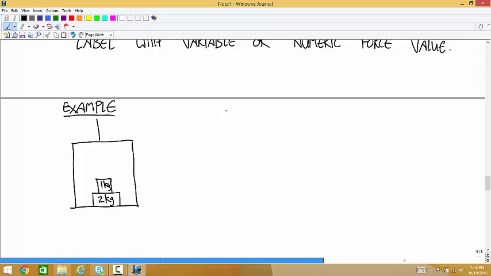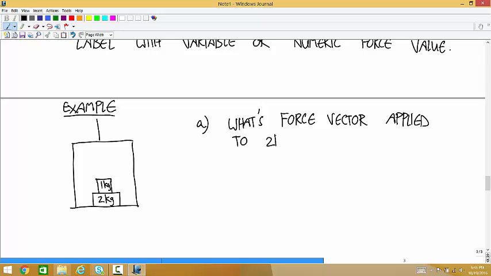And we want to figure out first, what's the force vector applied to the 2 kilogram box by the elevator.